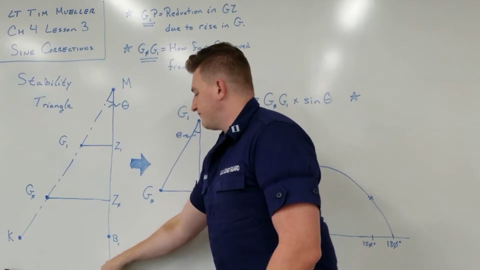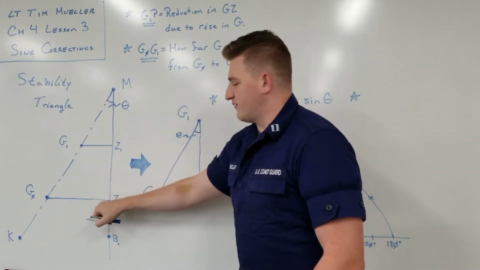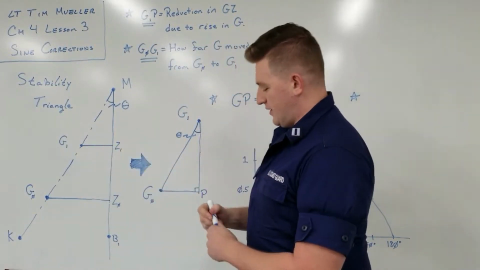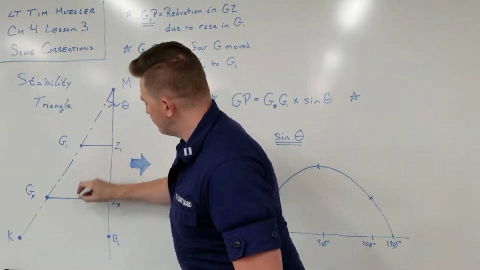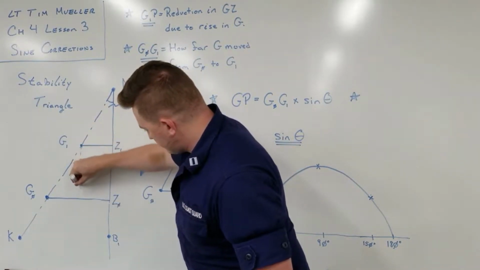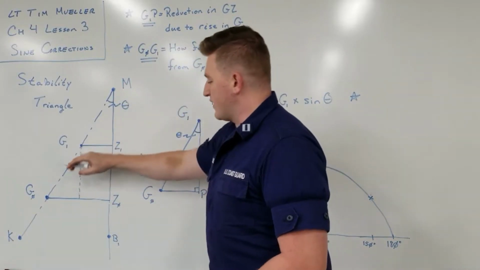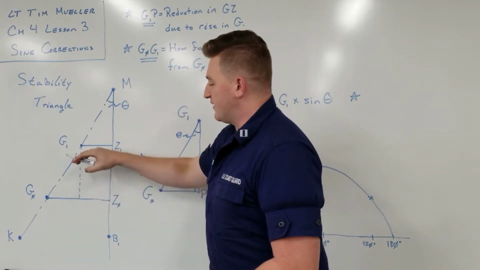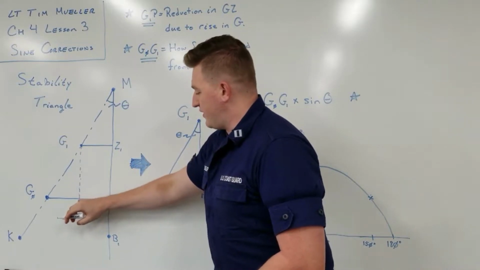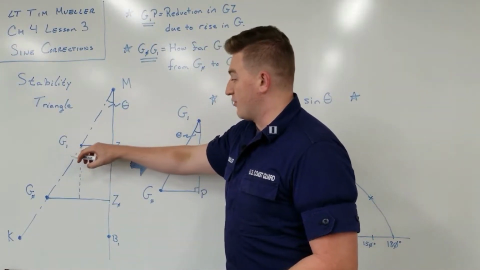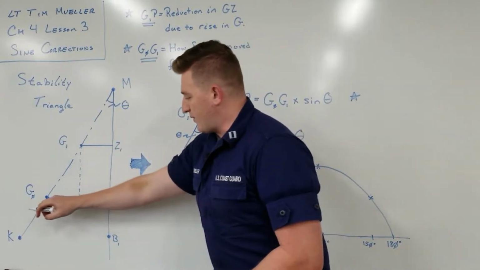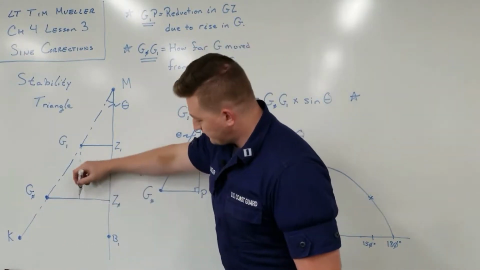So if you look at it, you know that you have this much originally, this much now. So if you just drop a straight line down, now we split what we originally had into two values. You have this here, which is just the same length as our new righting arm, and then we have this length right here.